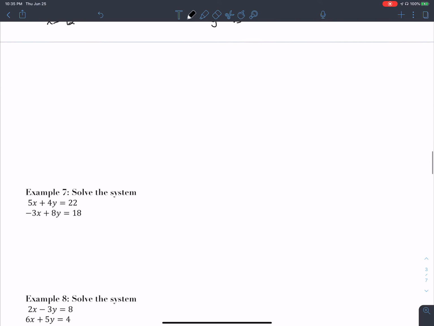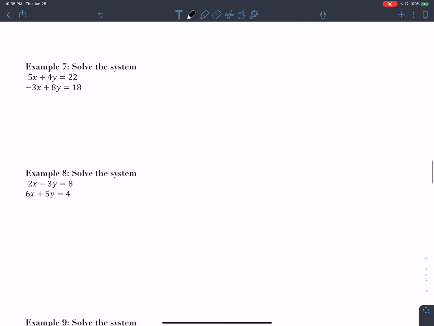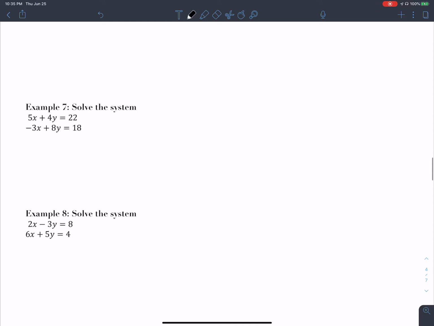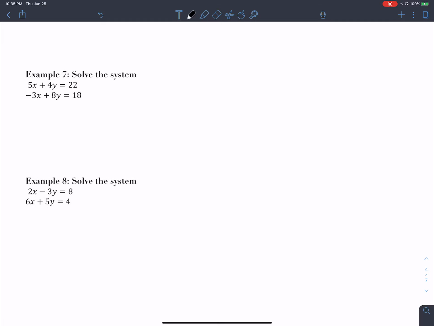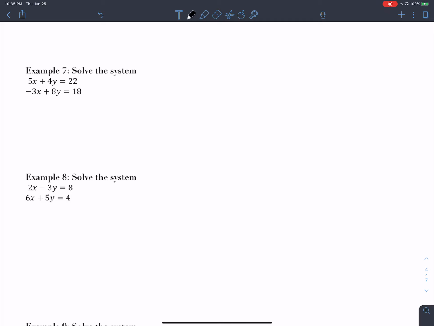So what happens if we're looking at one and they're not the same? In that step 1, you want to identify your best choice. So if you're looking here, y is still our best choice, because though 5 and 3 do have 15 in common, your next step is going to be to multiply through by a number.